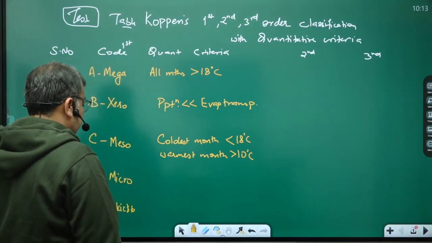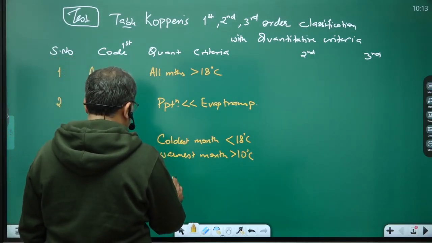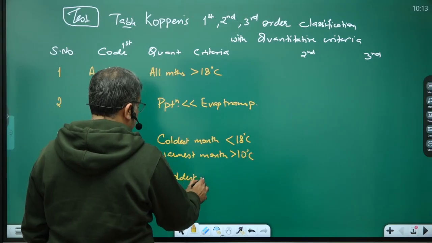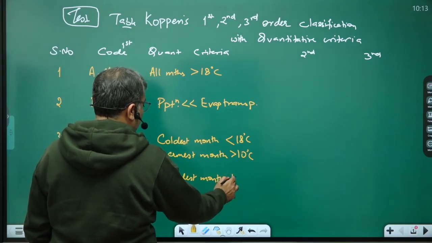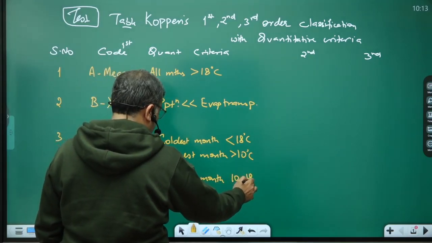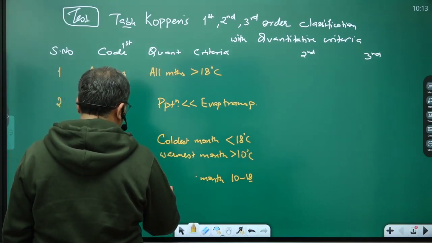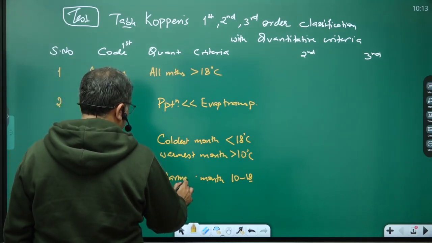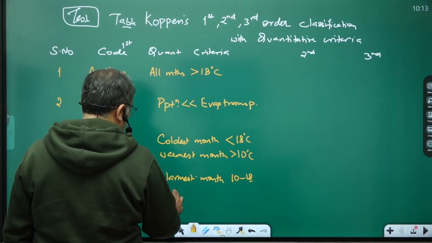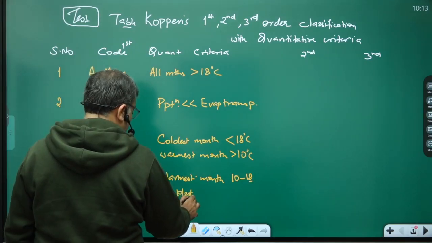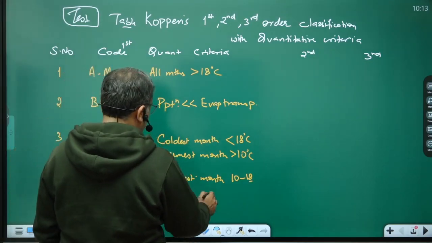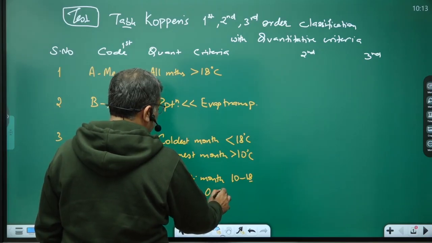In this, the coldest month is 10 to 18 degrees. Sorry, not coldest. This time it will be the warmest month. And cold can go this time much colder. So coldest month can go to 0 to 10 degrees Celsius.